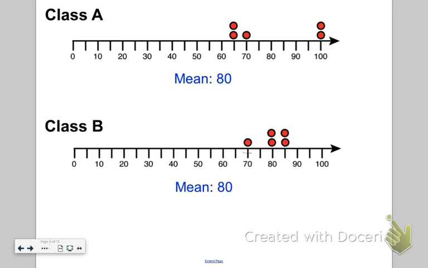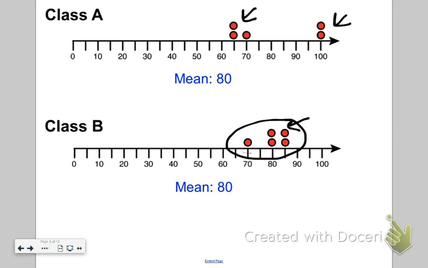In Class A, you have these two 65s, you have these two 100s, but in Class B, the data seems to be closer together. It's a little more chunked, especially around this 80 and 85%. So this is one of those examples where you may want to use the mean absolute deviation to describe the differences between the mean and some of the other scores.